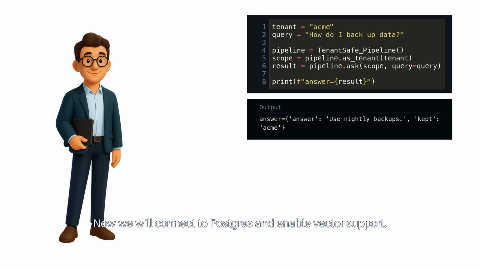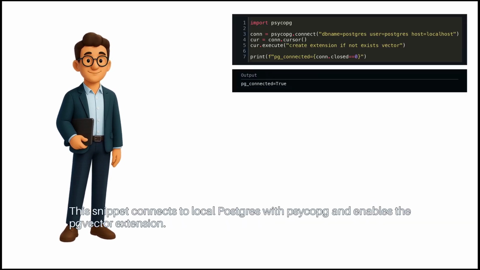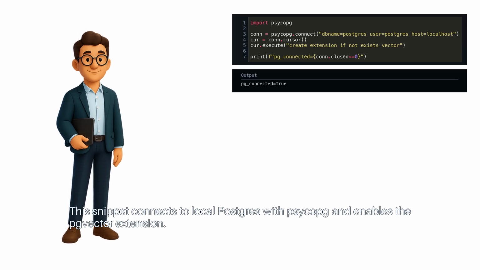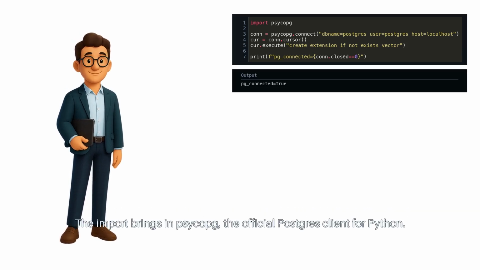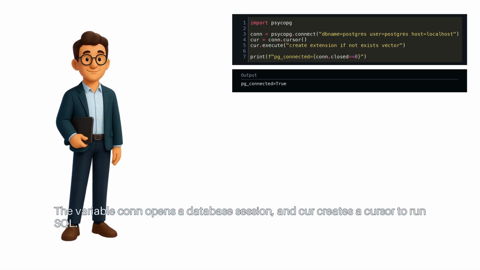Now we will connect to Postgres and enable vector support. This snippet connects to local Postgres with psycopg and enables the pgvector extension. The import brings in psycopg, the official Postgres client for Python. The variable con opens a database session, and cur creates a cursor to run SQL.